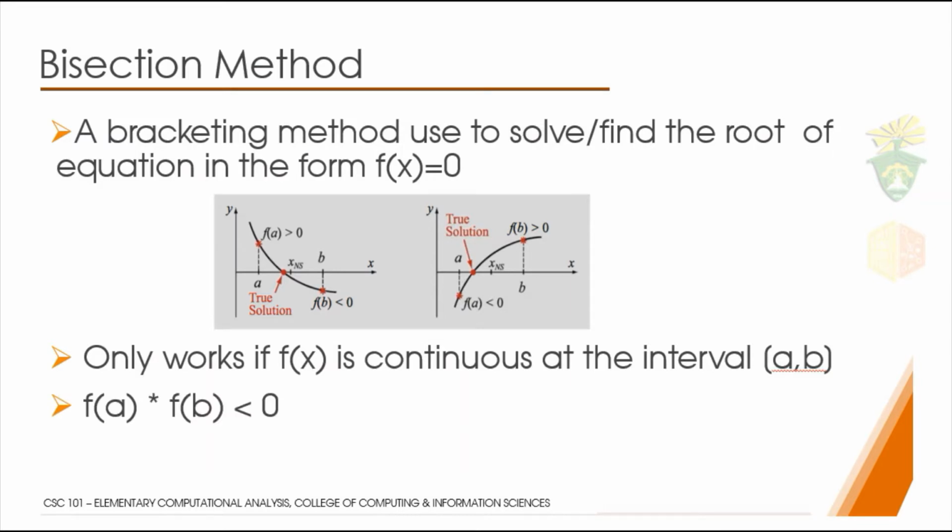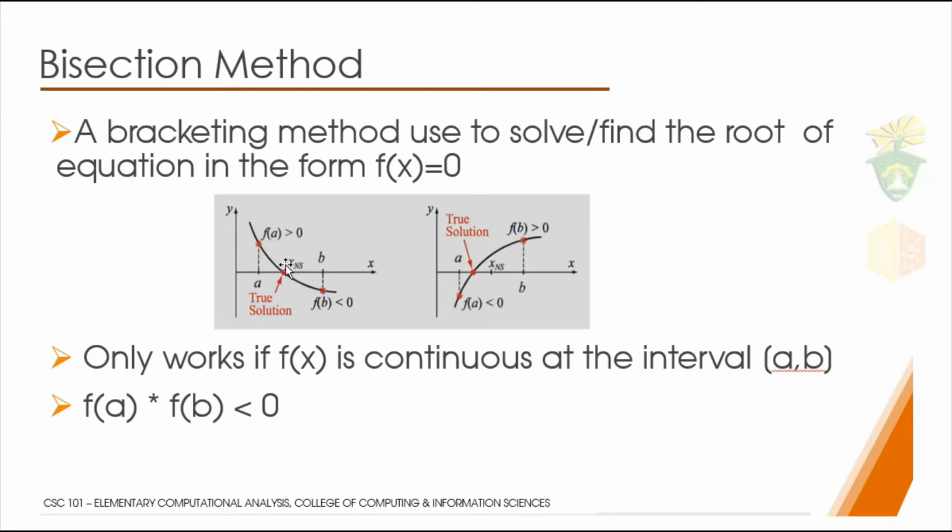Additionally, as shown in this figure, it is expected that the function values at the endpoints of the interval, f of a and f of b, have opposite signs. That is, one should be positive and the other negative. It could be that f of a is negative and f of b is positive, and vice versa.